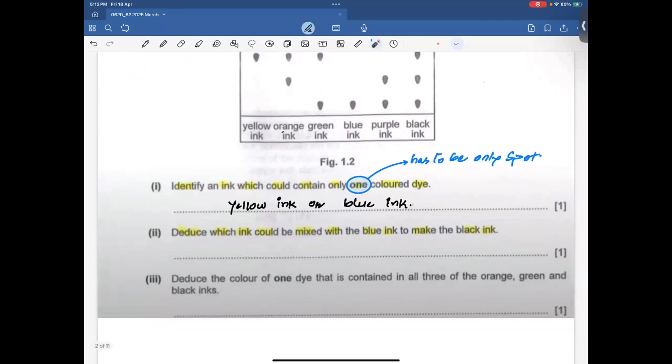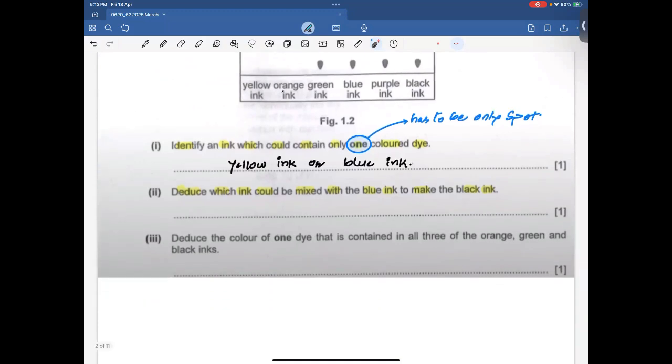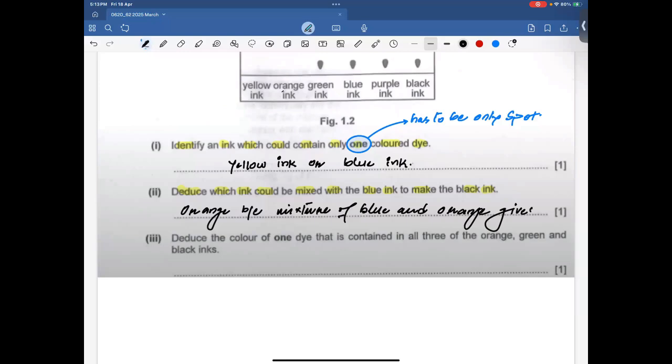So mixture of orange and blue gives you black. Because mixture of blue and orange gives black.